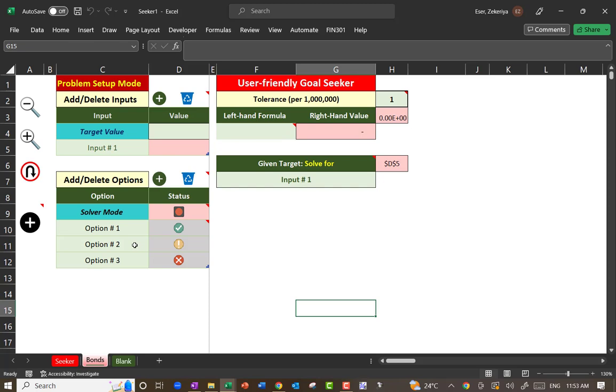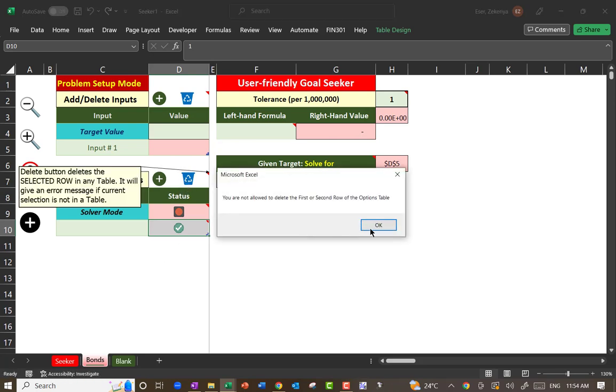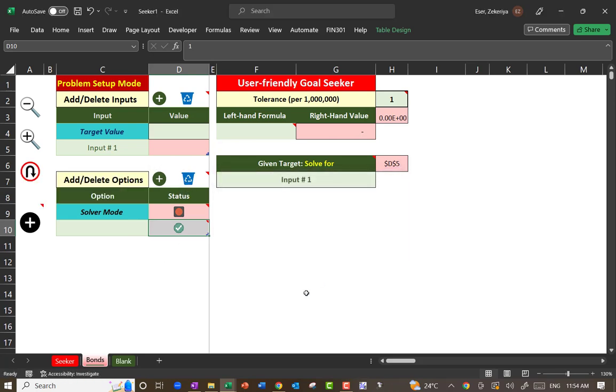First of all, I'm not going to have these options. Okay? I don't even think that I'm going to have that option, but this setup does not allow you to delete the first two. So I'm just going to leave it blank like that. For inputs, for a bond, we have many inputs.